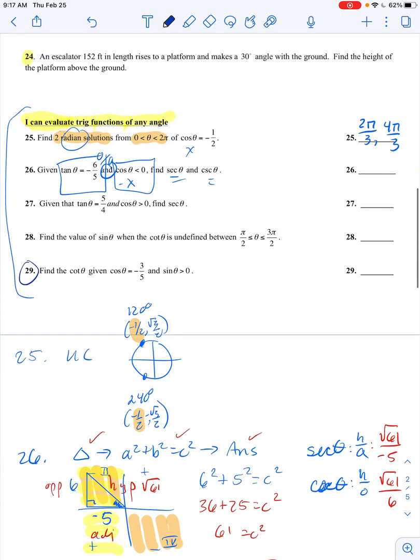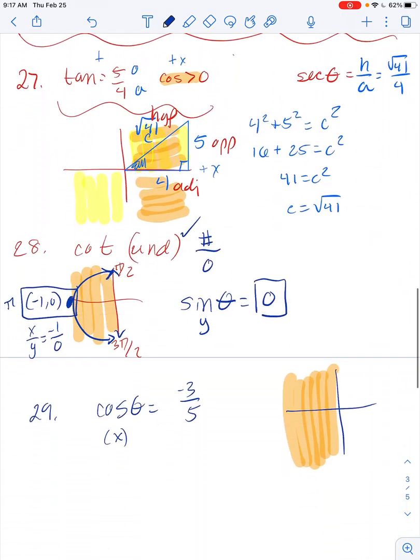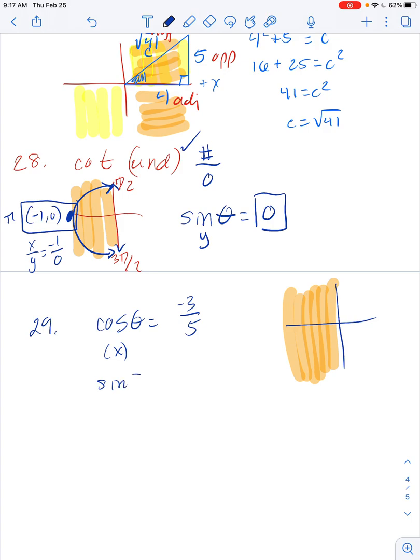And then what else? Sine is greater than 0. Okay, well, if the sine is greater than 0, that means I have a positive y. So in which of these quadrants do I have a positive y? Well, that's going to have to be up here. So that's the triangle I'm going to be using.